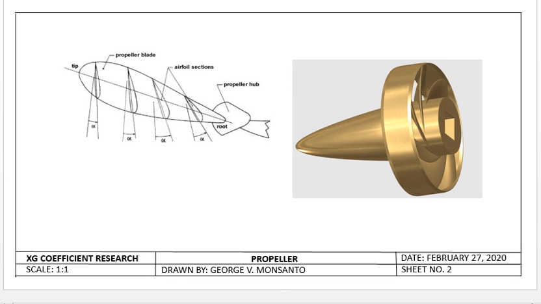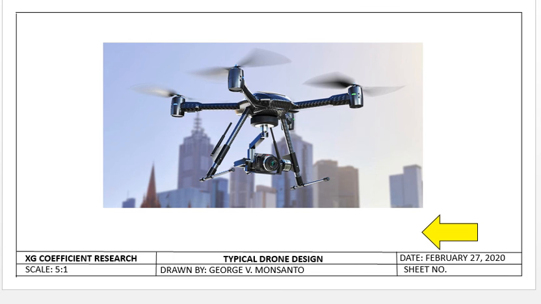Yeah, propellers, of course. Drones would need propellers. Now, of course, propellers may be used as an option by manufacturers, but in the prototype, I use turbines instead. So this one is actually a typical drone design.